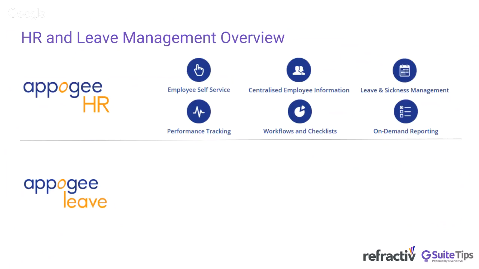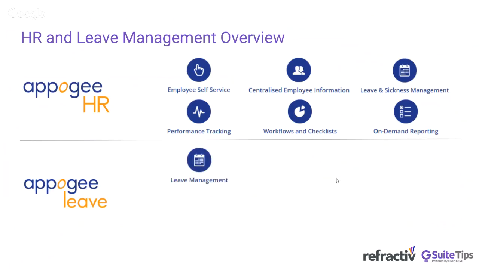It includes the modules shown here and offers G Suite users an excellent means of managing the HR documentation and the workflow process contained within that. We'll get a good look at that as we go through the demonstration. But essentially, it's a centralized area to hold your staff information and allow them to access that information in a self-service function.